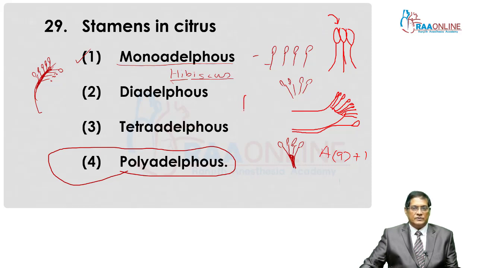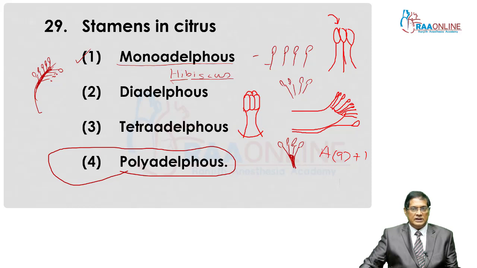And see the last one. That is, stamens are totally fused with one another, from their anther as well as from their filament.